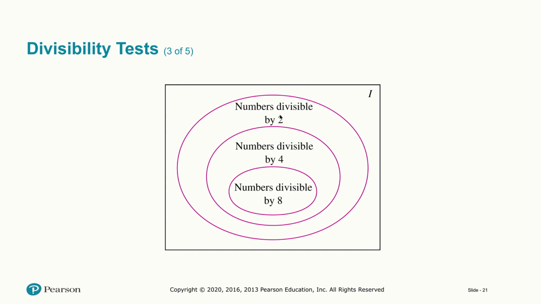So there are numbers that are divisible by 2 or 4, but not by 8, right? So there we go with this nice Venn diagram explaining this to us. So more restrictive, less restrictive, right? From more restrictive to less restrictive.